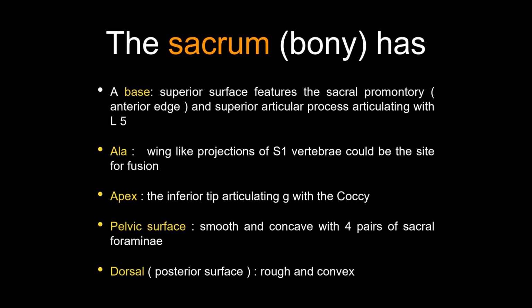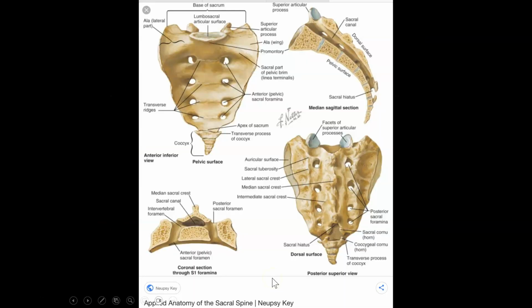Also, the ala is like a wing projecting from the S1 vertebra, and as we said, could be the site of fixation. The apex is the tip of the sacrum articulating with the coccyx. Of course, it has an anterior surface, smooth and concave, and a dorsal surface, rough and convex.